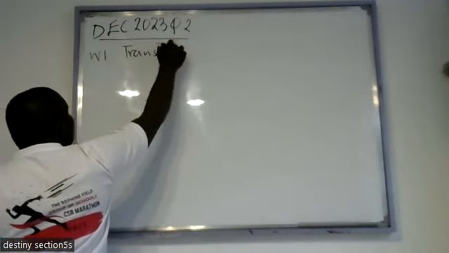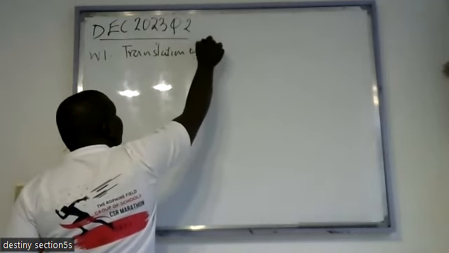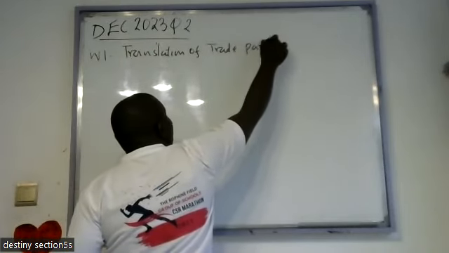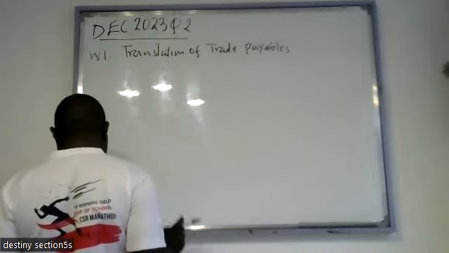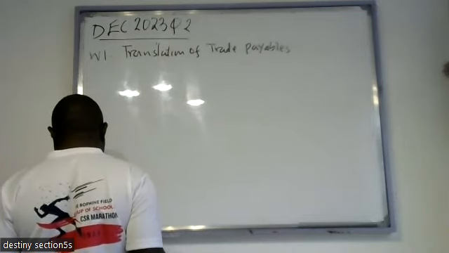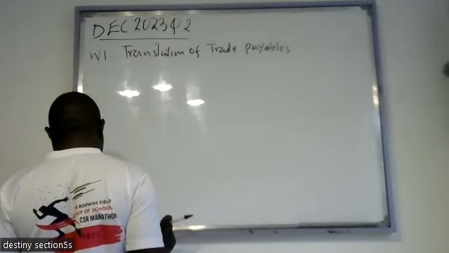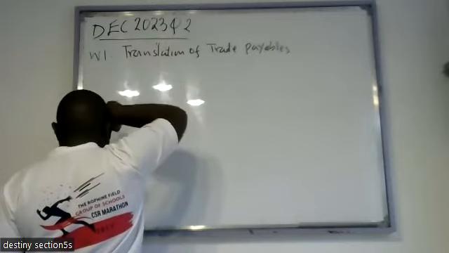Translation. You can give it any name. Translation of trade payables. Trade payables. So here, let's have it in Kenya shillings.